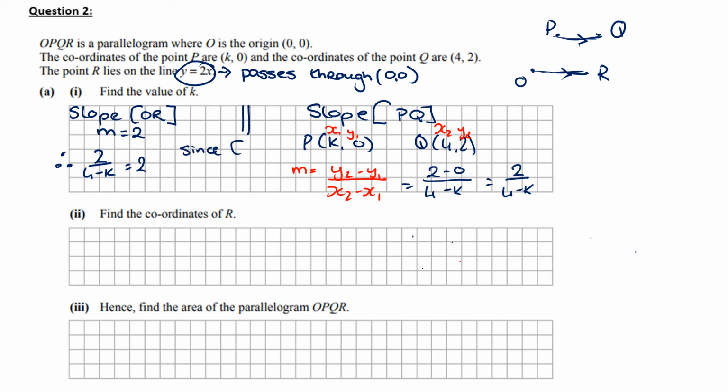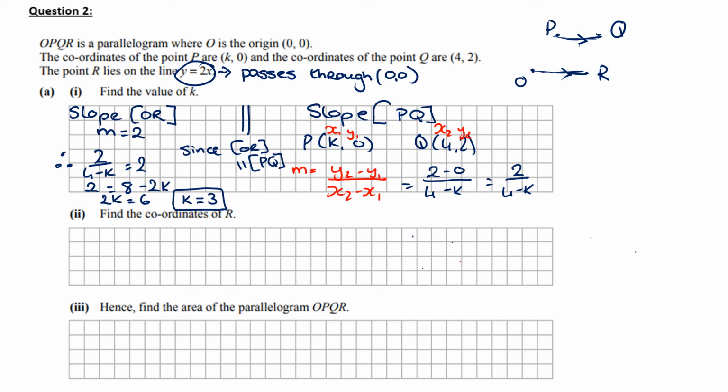Rearranging, we end up with 2 equals 8 minus 2k, 2k equals 6, k equals 3. So that's using the idea of parallel lines.